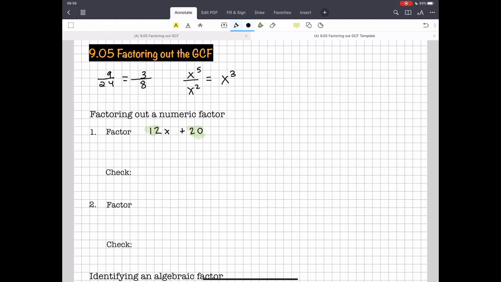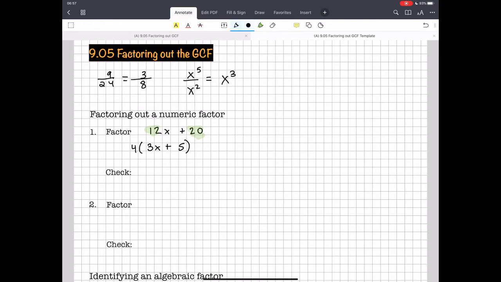They have a 4 in common. So I'm going to divide both of those by 4, and I would be left with 3x plus 5. So 12x divided by 4 is 3x, and 20 divided by 4 is 5.